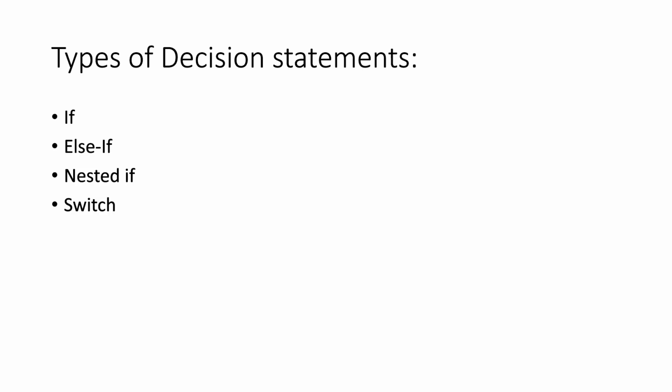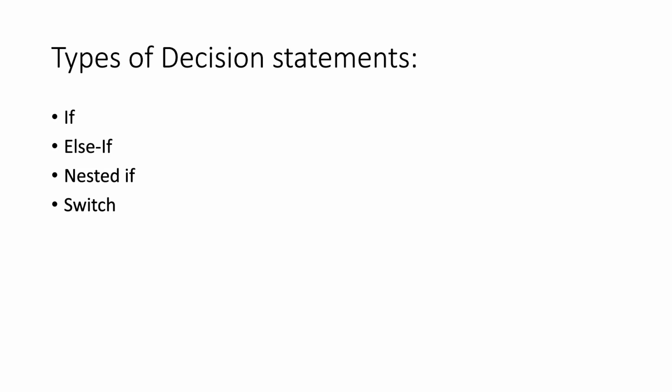For the first one, the if statement, we give a condition. If the condition is true, it proceeds with the statement. If it's not true, then the program just ends there. That's basically it.